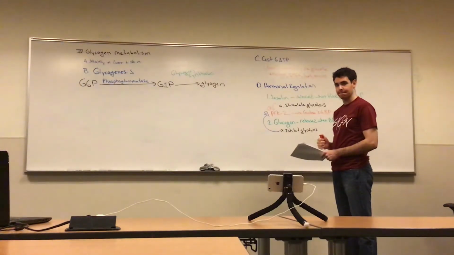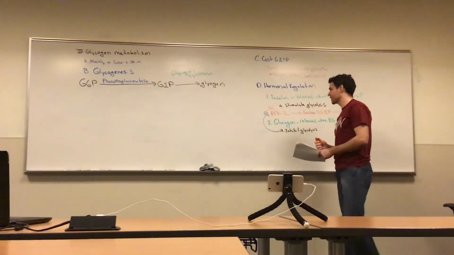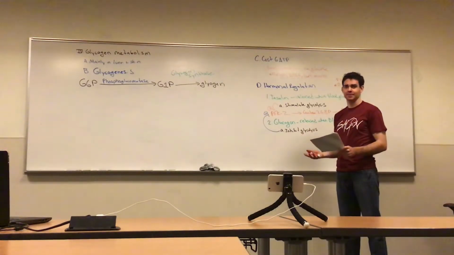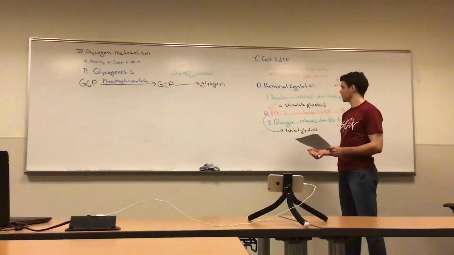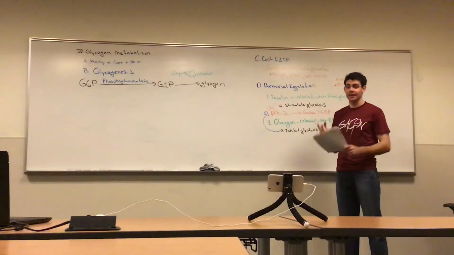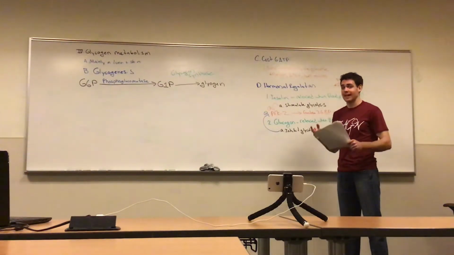Catabolic, right? I feel like I'm confusing it. So is insulin released when we eat or when we don't eat? When we eat. Yes, insulin is released when we eat, and that's anabolic.